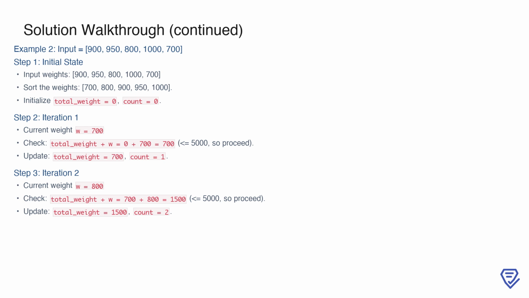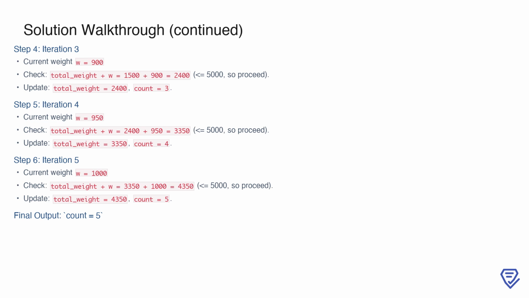In the second iteration, we take the weight 800. Adding this to our current total of 700 results in 1500, which is still less than or equal to 5,000. We proceed by updating total_weight to 1500 and increasing count to 2. In the third iteration, we pick the next weight, 900. Adding this to our current total of 1500 gives 2400, which is within the limit.